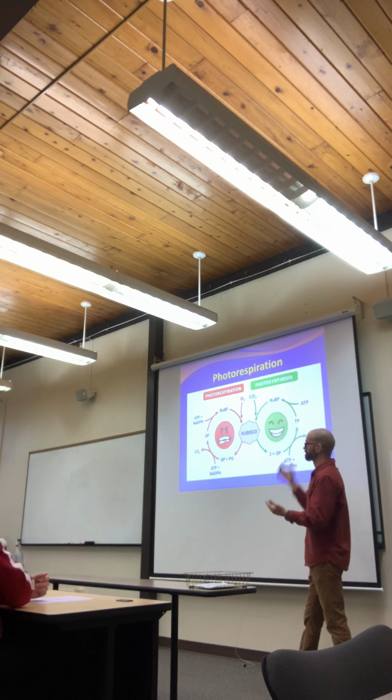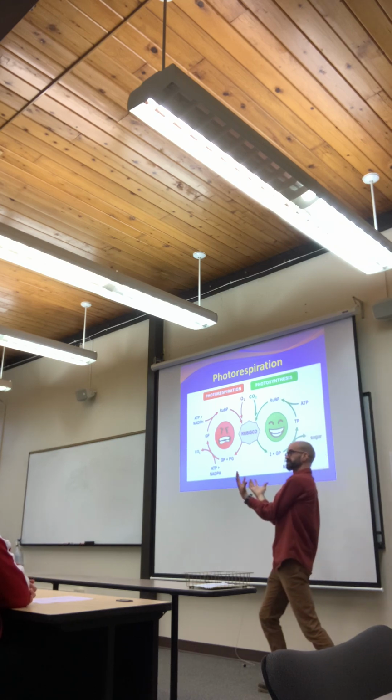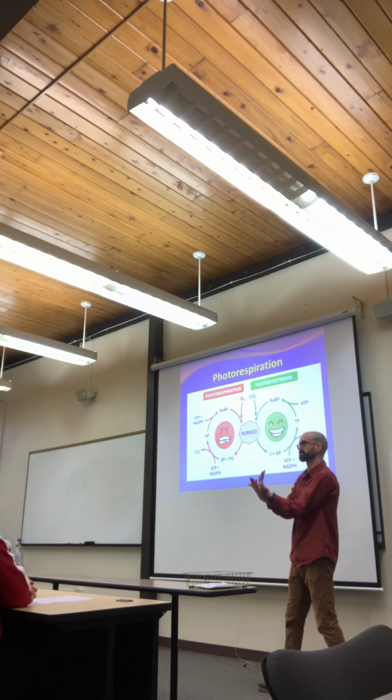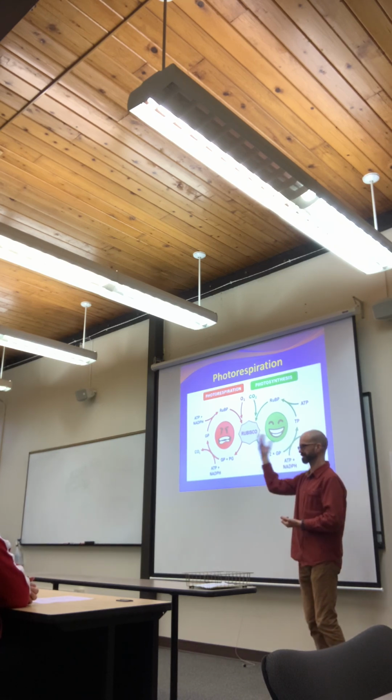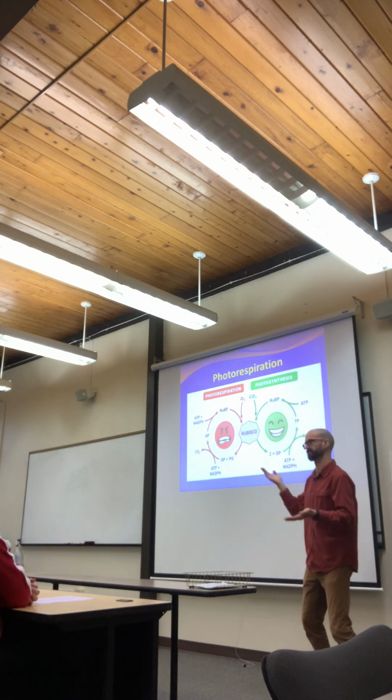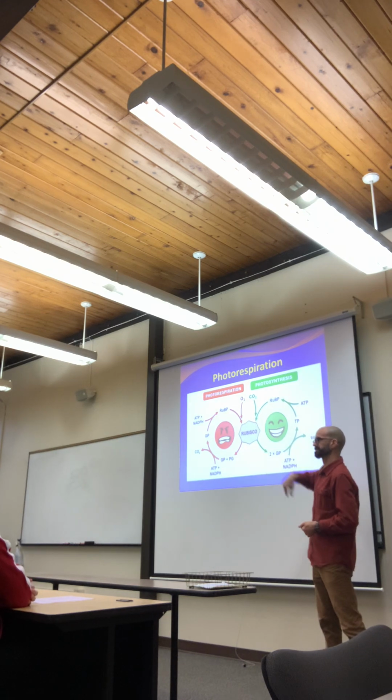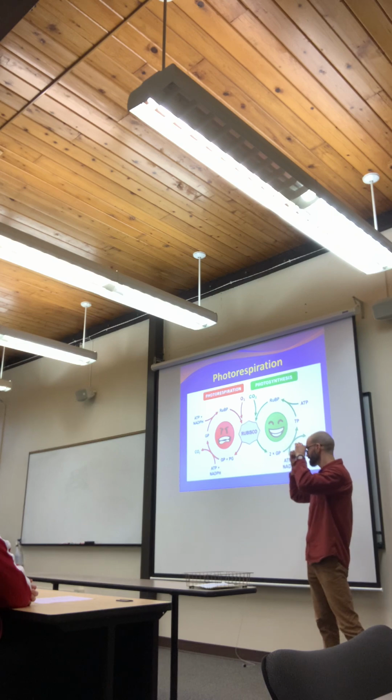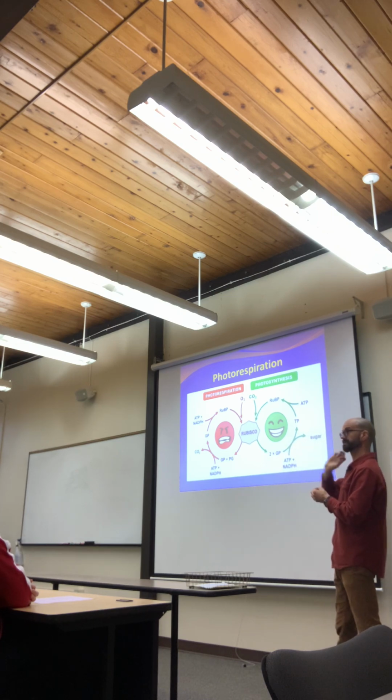So it's not a good move, and thus we've got to open those stomata again to get more CO2 in, and of course, it's hot out, so now we're losing water at the same time. With C4 plants, always slightly open means CO2 is accessible all the time.